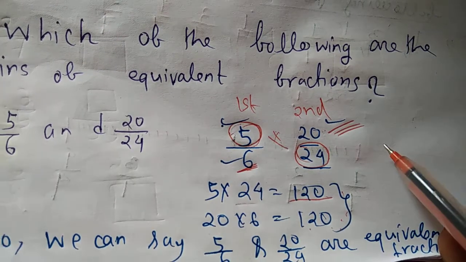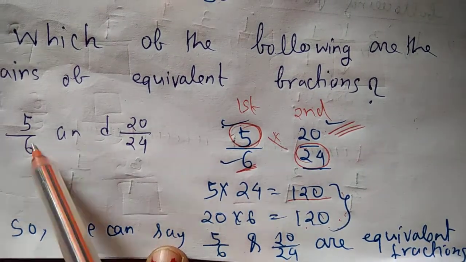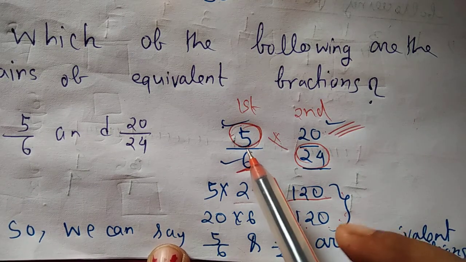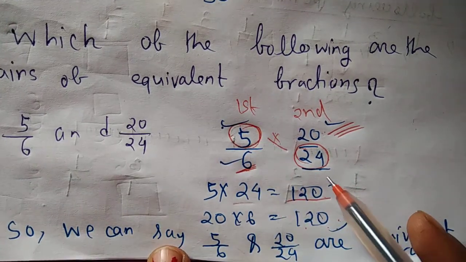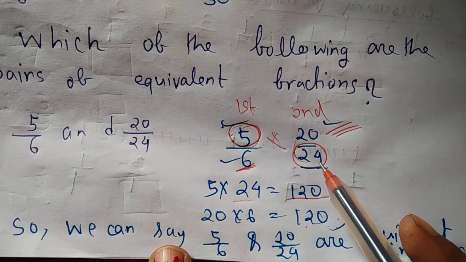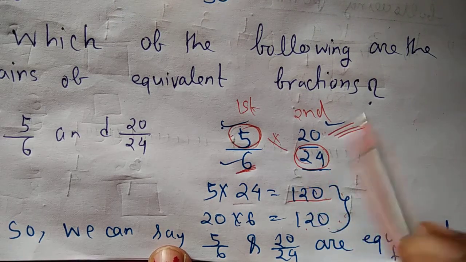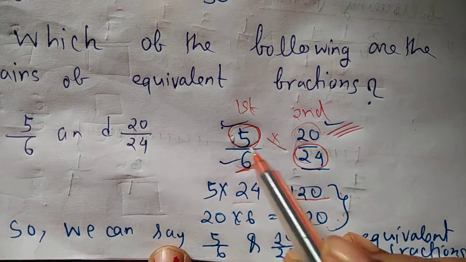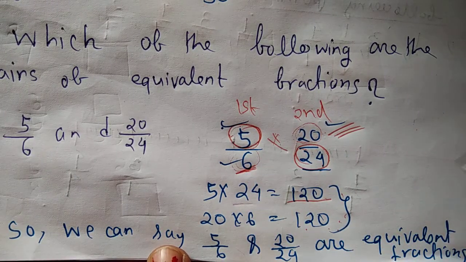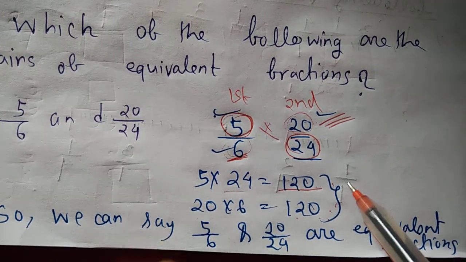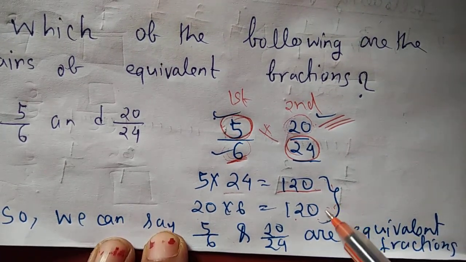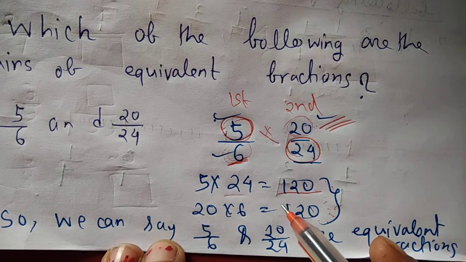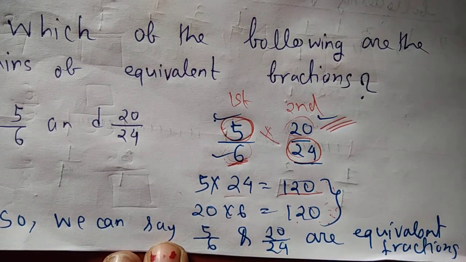If two fractions are equivalent, then the product of the numerator of the first fraction and the denominator of the second fraction is equal to the product of the numerator of the second fraction and denominator of the first fraction. So we get same number. So from here we can see that these fractions are equivalent fractions.